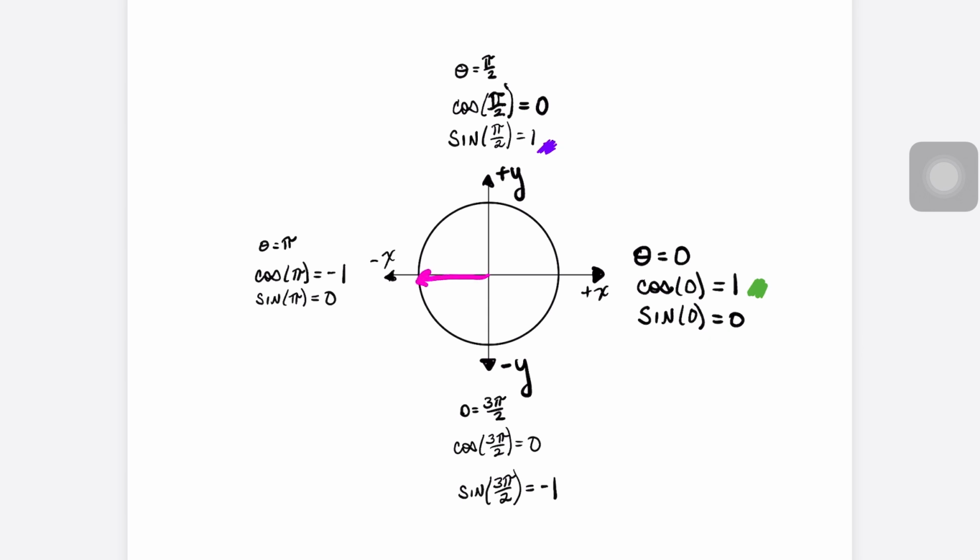When my radius is at pi, the cosine of pi is -1 and the sine of pi is 0. When my radius lies on the location of 3 pi over 2 radians, the cosine of 3 pi over 2 is 0, and the sine of 3 pi over 2 is -1.